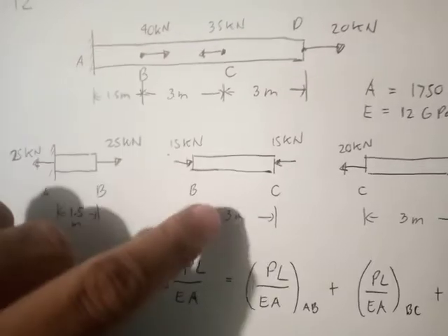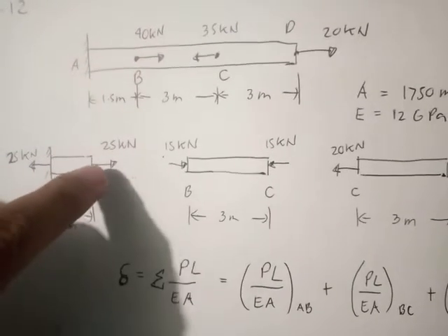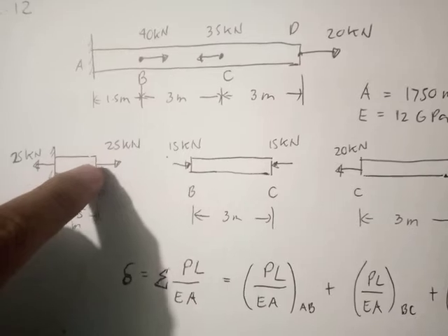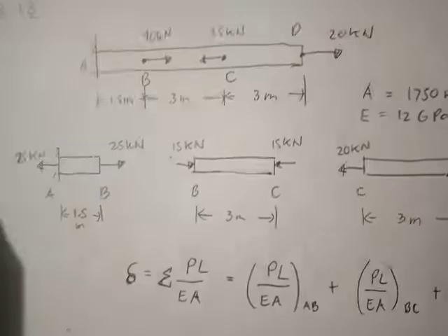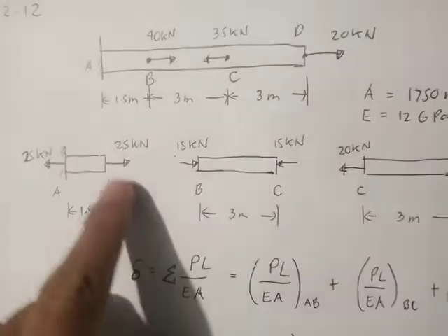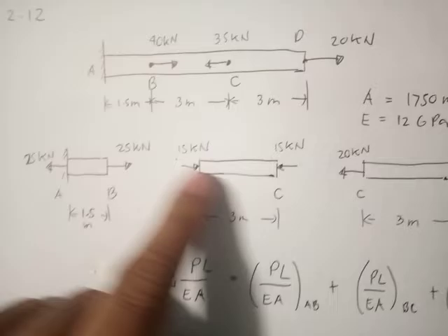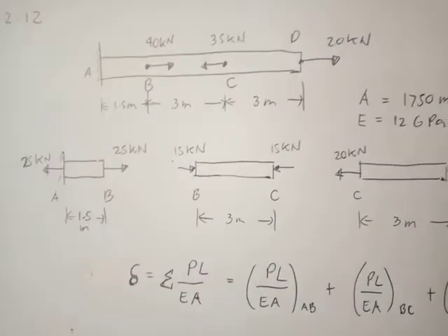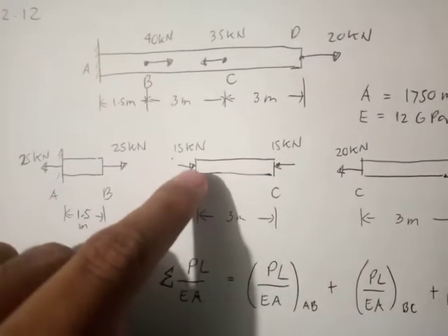So in order to become 40 kilonewton inward, this another portion from AB should be 25 kilonewton outward. 25 kilonewton right, 15 kilonewton right.